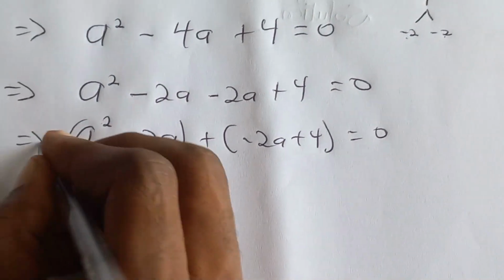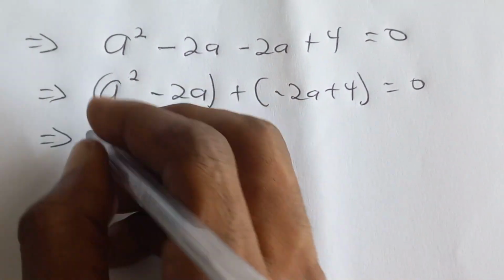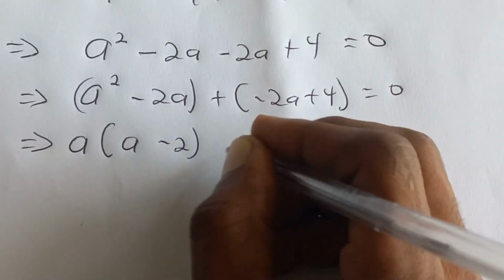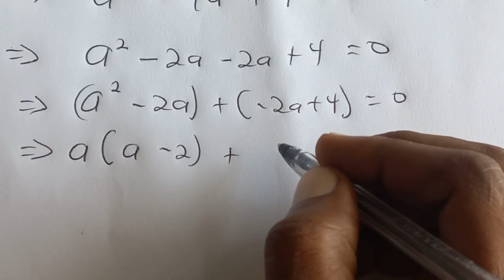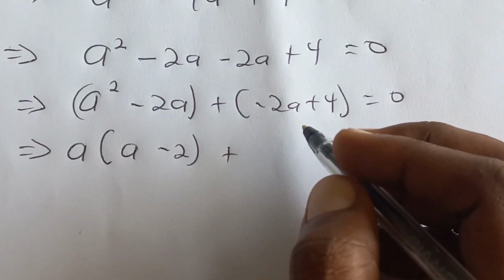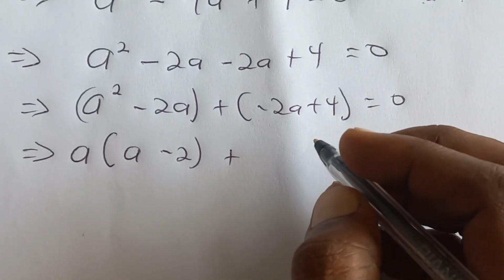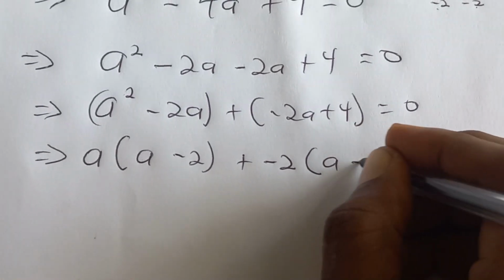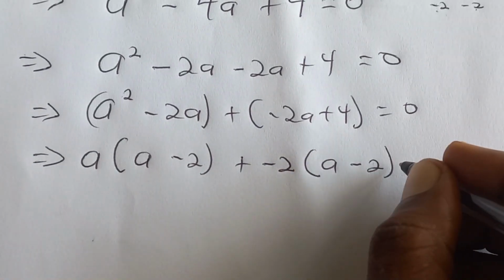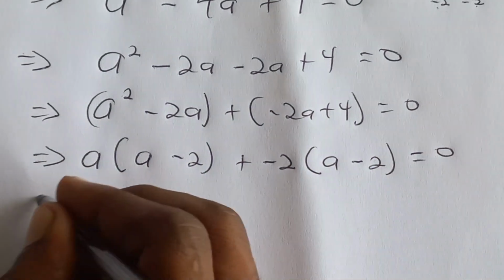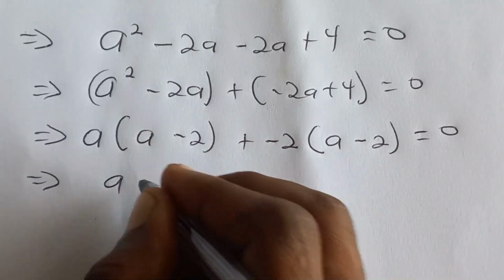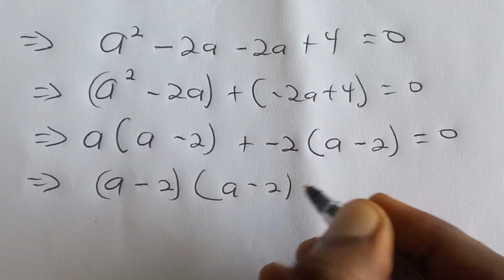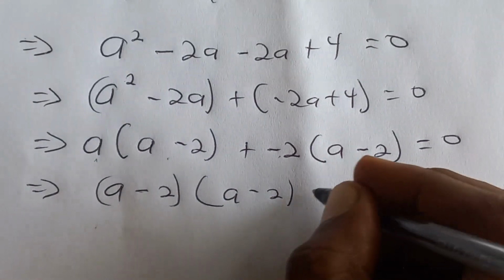So with this, you can factorize a out, so we get a into bracket a minus 2, plus this one. You can factorize negative 2 out. So we get negative 2 into bracket a minus 2, because negative 2 times negative 2 will give us 4. So the factors, we get a minus 2, a minus 2, and then one of the brackets is equal to 0.